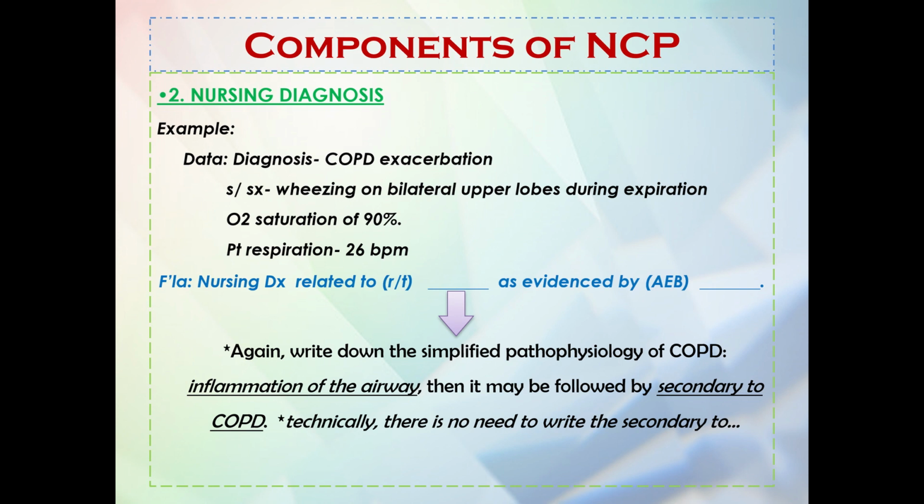So again, our priority is kung ano yung part natin as a nurse, and we write this related to by simplifying the pathophysiology of the disease. And in this case, COPD. So, pag sinabing COPD, it is the inflammation of the airway. Tapos, kapag okay na tayo, so related to inflammation of the airway. So, yun yung related to natin, the etiology. Ibig sabihin, kung bakit nagkaroon ng ineffective airway clearance si pasyente, that is related to the inflammation of the airway.